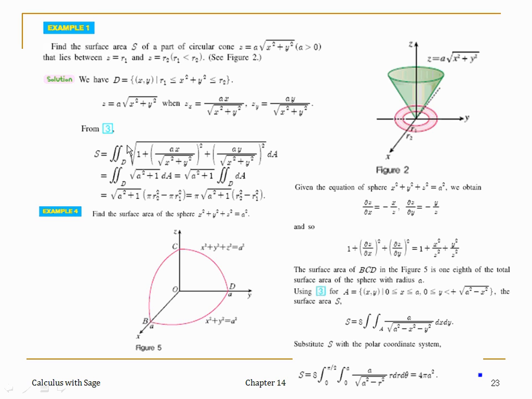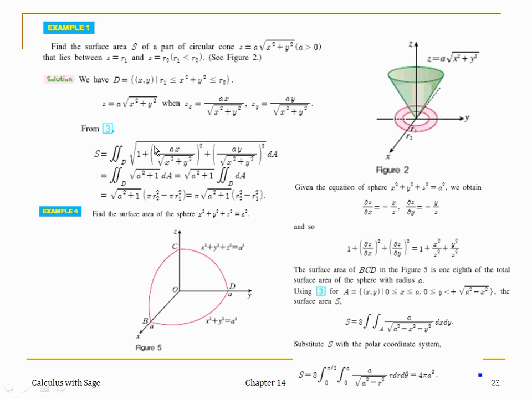So from the formula, the surface area can be formulated as the double integral of the square root of 1 plus these terms, dA, on the domain D, which is this.